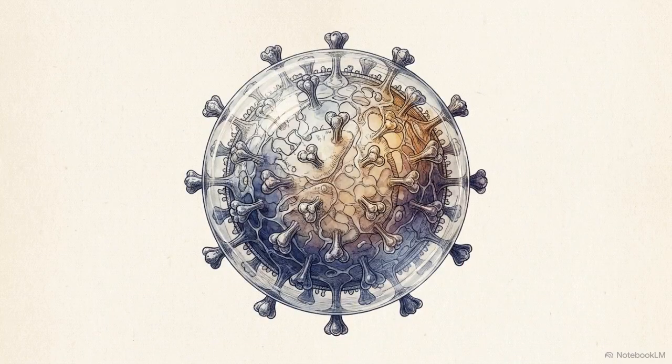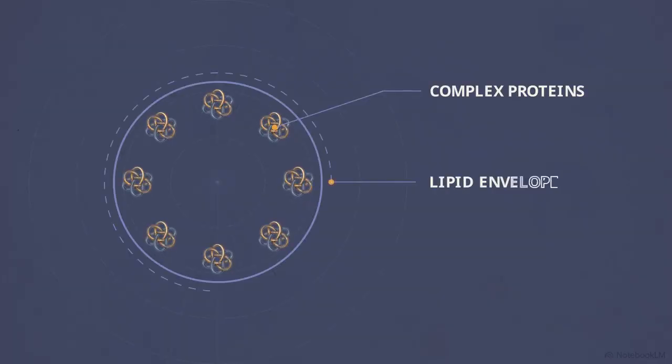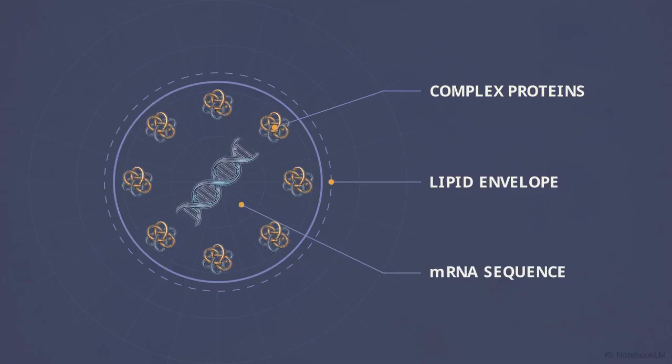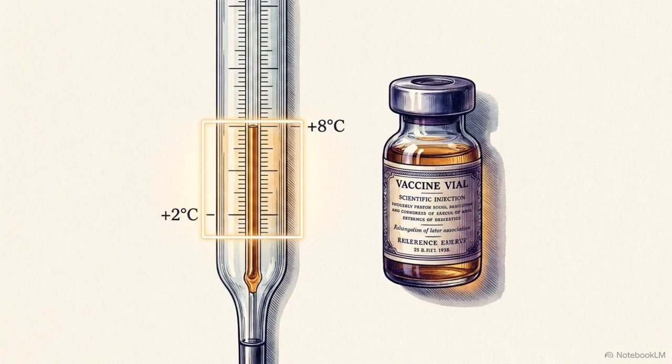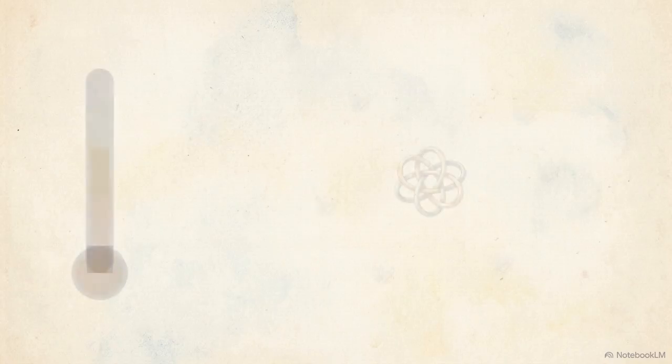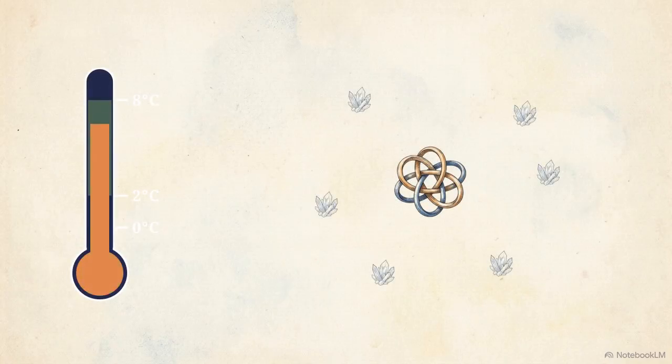Despite this sophisticated biological engineering, all viral vaccines share a severe physical vulnerability. Their complex proteins, lipid envelopes, and mRNA sequences are thermodynamically fragile. For most inactivated viral vaccines, stability is maintained within a strict storage window of +2 to +8 degrees Celsius. If temperatures exceed 8 degrees, molecular motion increases.